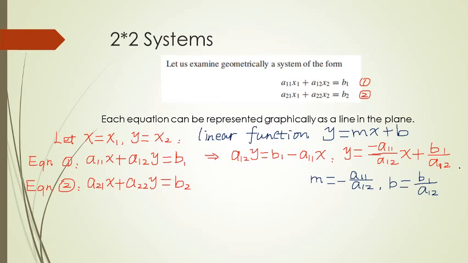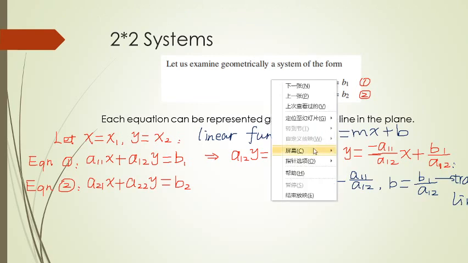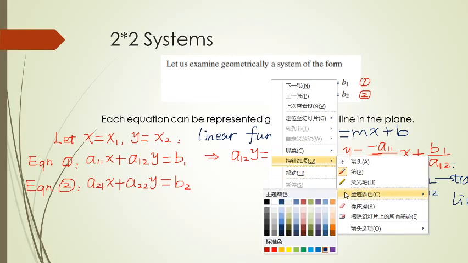So actually this is a straight line with this slope and this intercept. So that is the first equation.